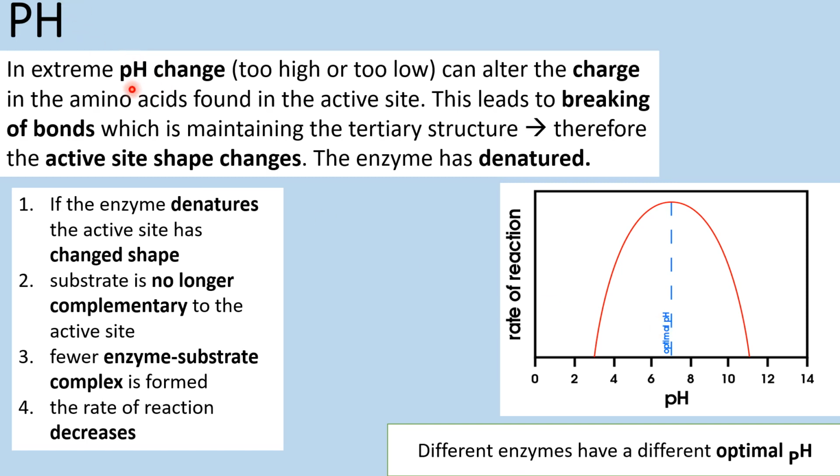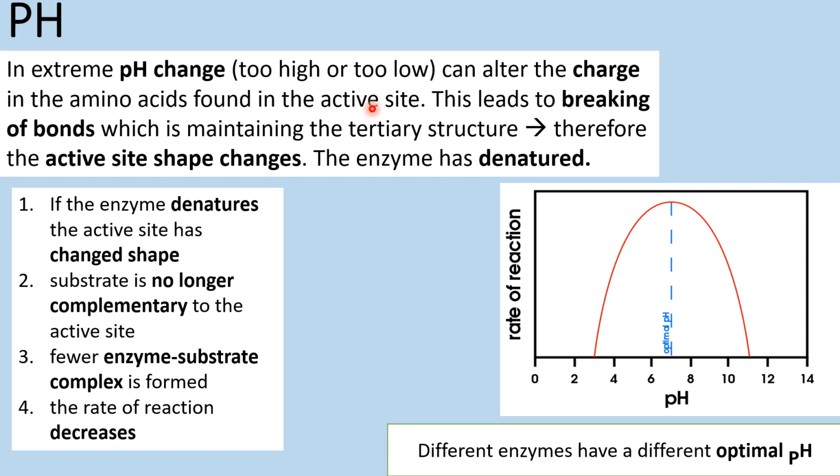In an extreme pH change, meaning if the pH is too high or too low from the optimal pH, so in this example, pH 3 will be too low and pH 11 will be too high, either of these extreme pH changes will cause the charge of the amino acids in the active site to alter.